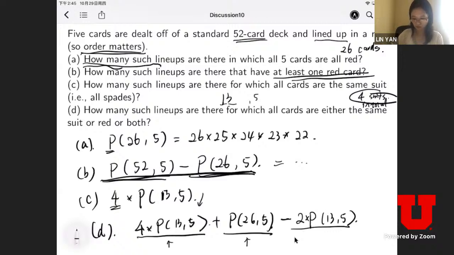And then the final answer is plus 2 times P(13, 5).